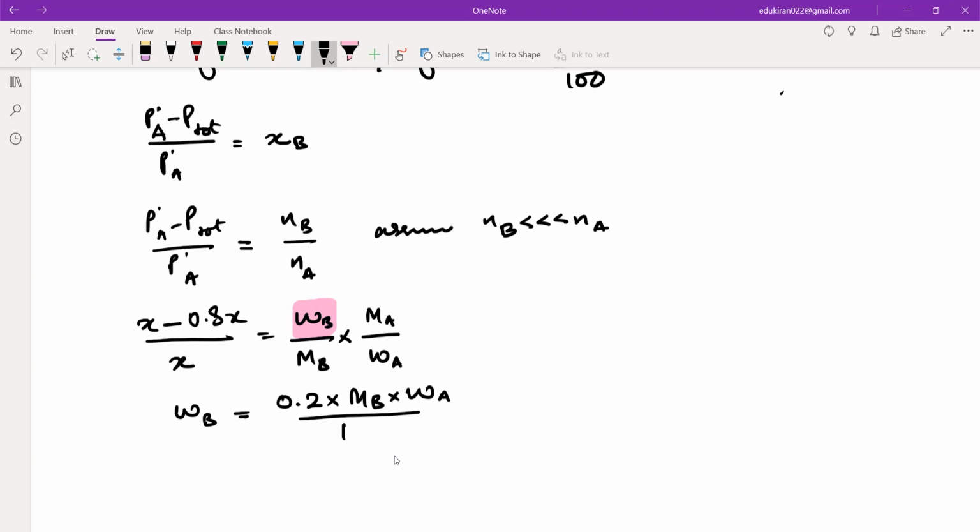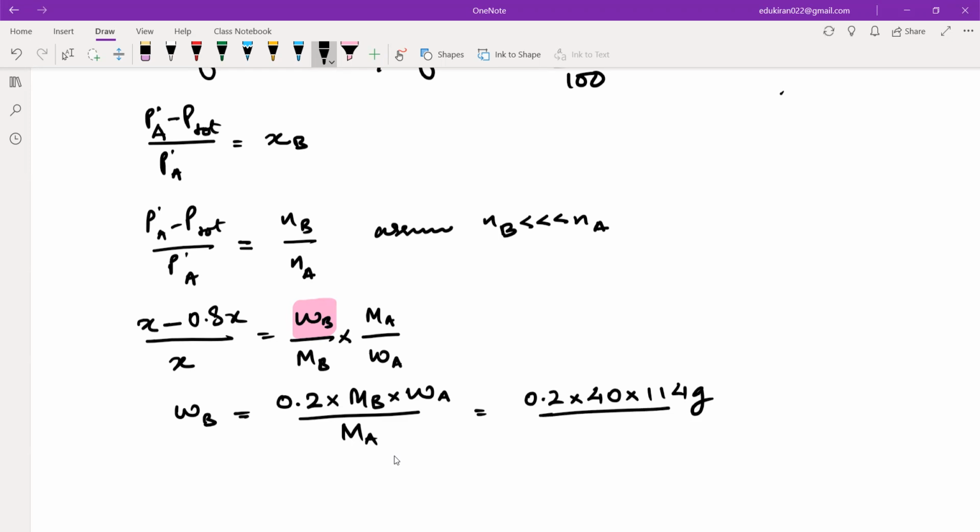Divided by MA, na? Now what is 0.2 into, what is MB, Samaira? Molar mass of the solute is given as 40. 40 grams per mole. Very good. Into the amount of octane is given as 114 gram, na? Yes, sir. Okay. Divided by MA.